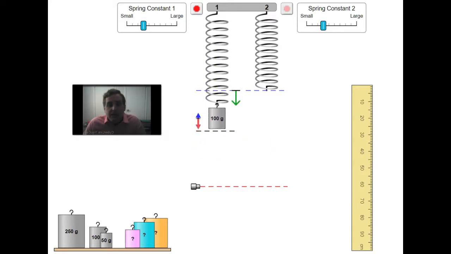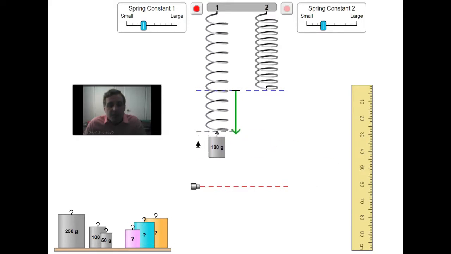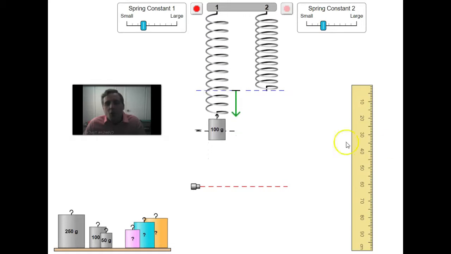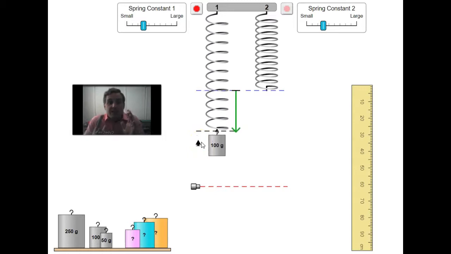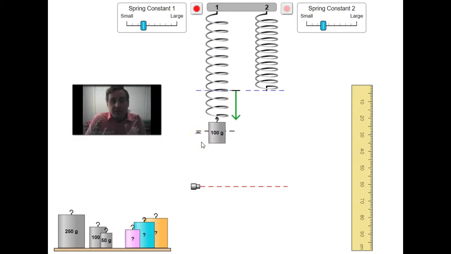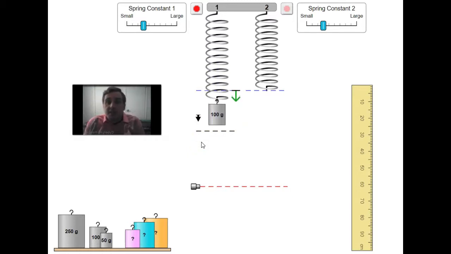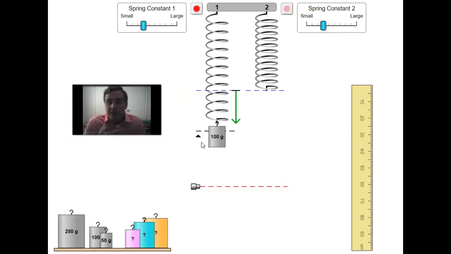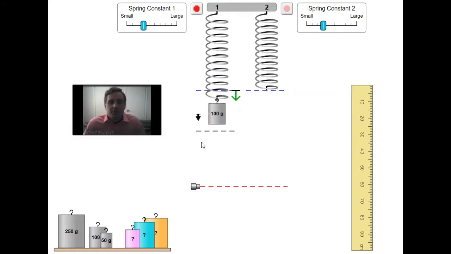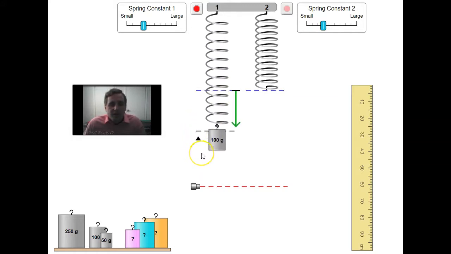So now indeed, let's put the net force on there. Notice the net force always brings us back toward equilibrium. Remember, the net force is the same thing as the sum of all the forces. In this case, it's the sum of the Hooke's law spring force and the weight, that is the gravity force. So you see how these forces work.